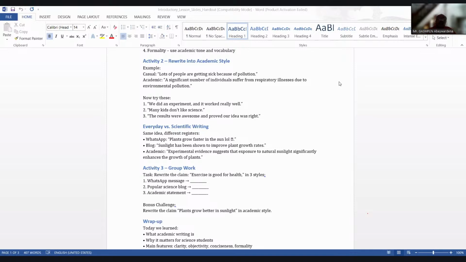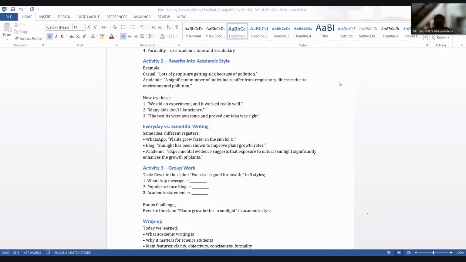Many kids don't like science. Many kids. We can say a number of kids. A significant number of kids don't like science. Don't like, what can we say?